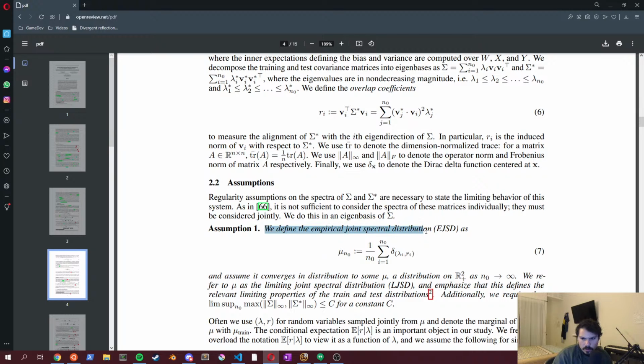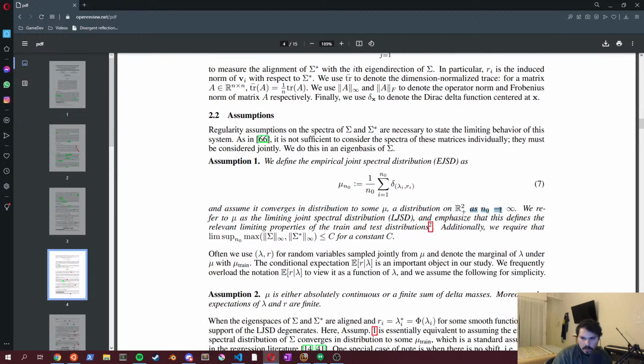Okay, so we define the empirical joint spectral distribution as this thing and assume it converges in distribution to some mu, a distribution on R2 plus, sorry, as n goes to infinity.